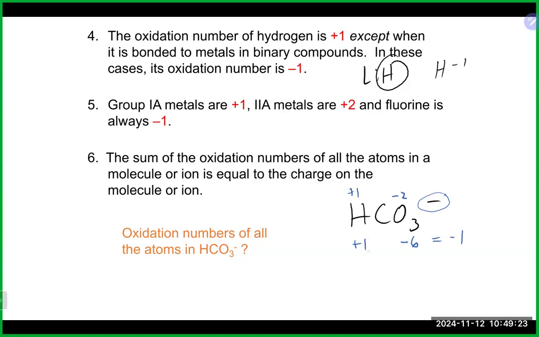That would mean that the carbon in this case will be a +4 to do that. +1 +4 is +5, and a -6 is a -1 overall. Now, if you're going to give these as answers, hydrogen here would be again +1, carbon would be +4, and oxygen would be -2, not -6.